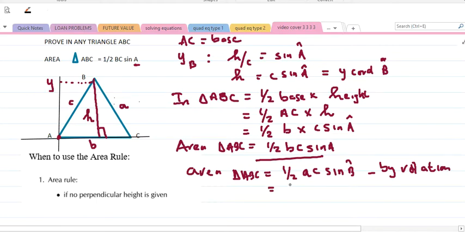And the third one is half AB sine angle C.